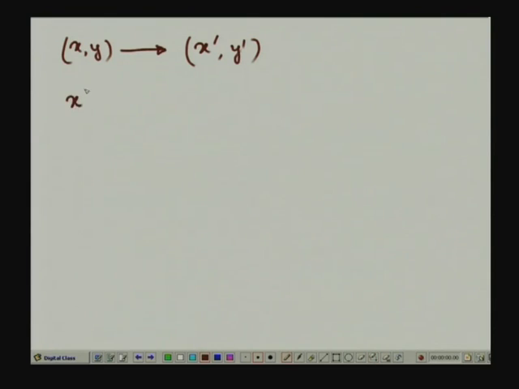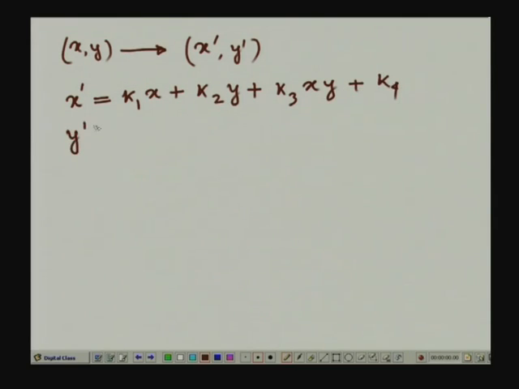So, I write it in this form: x prime is equal to some constant k 1 times x plus a constant k 2 times y plus a constant k 3 times x y plus a constant k 4.